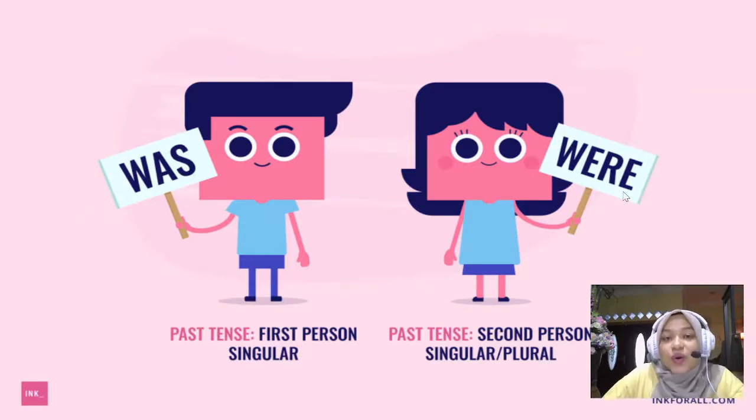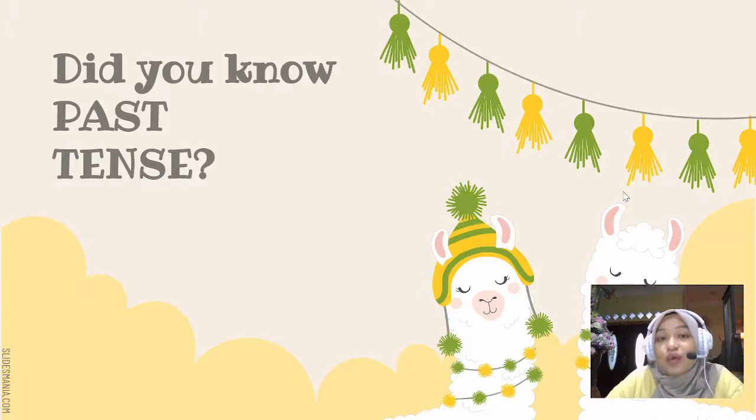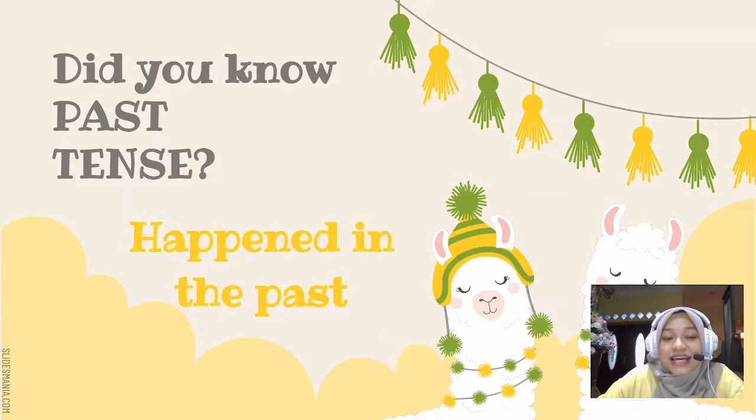Okay, so how to use them in past tense? Did you know about past tense or not? Do you understand what is actually past tense? Past tense is about what happened in the past. So when we want to use was and were, make sure that our sentences are actually talking about the past.